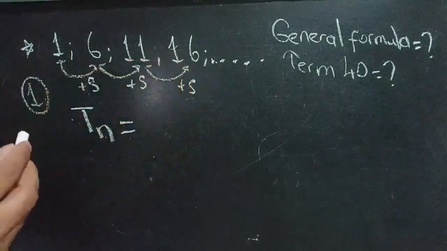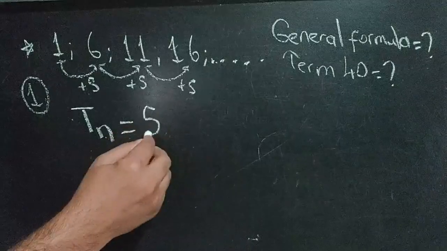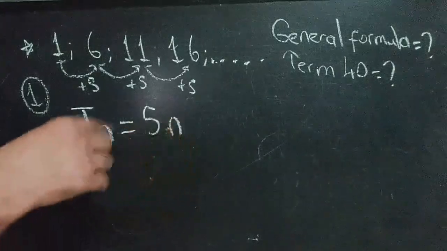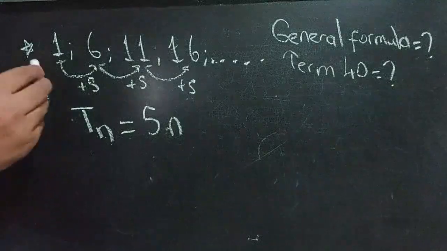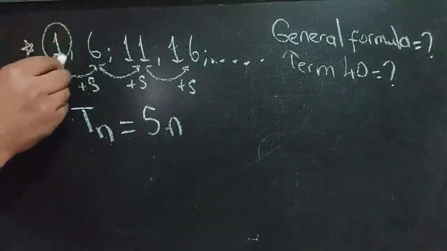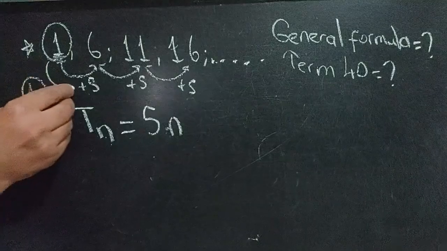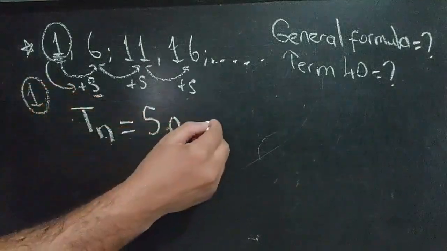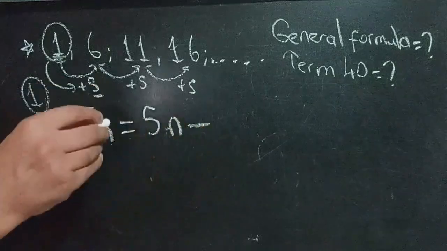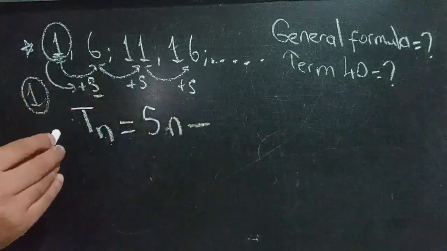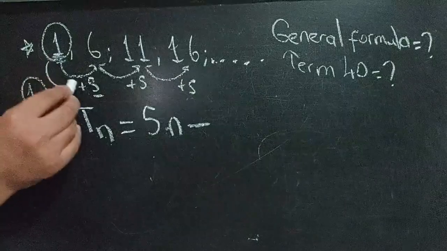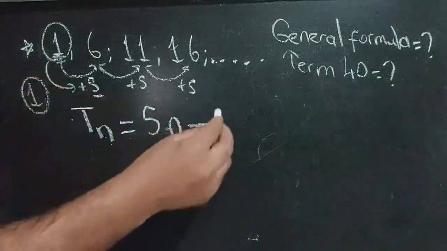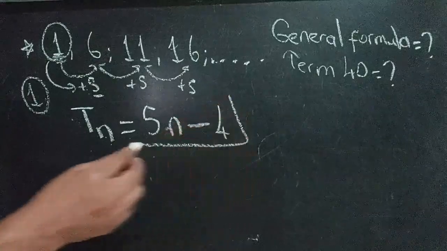So the constant difference times n, the letter, any letter, and then come to the first term. First term is 1. Is the first term bigger or less than the constant difference? It is less. Put negative. If it was bigger, you would put positive, right? And how much less than the constant difference? 4, right?